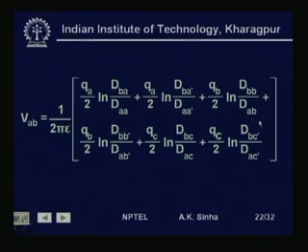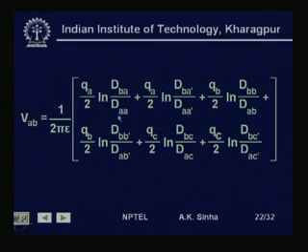Now, in order to find out VAB, again what we need to do is find out the voltage between A and B due to the charges on each of these conductors or subconductors. So, VAB will be equal to 1 by 2 pi epsilon.